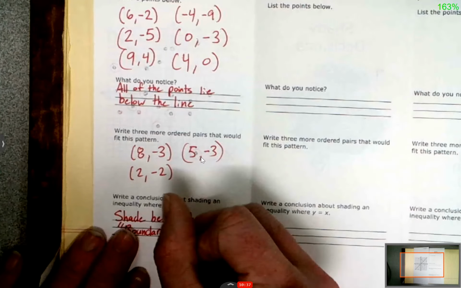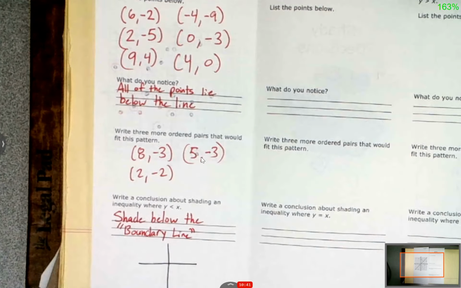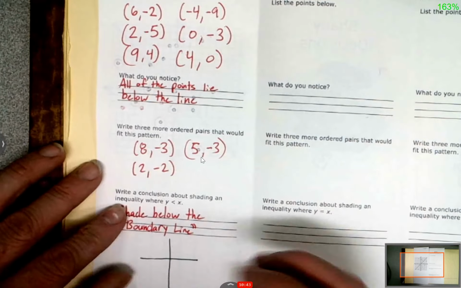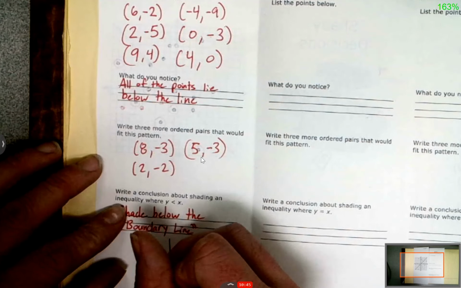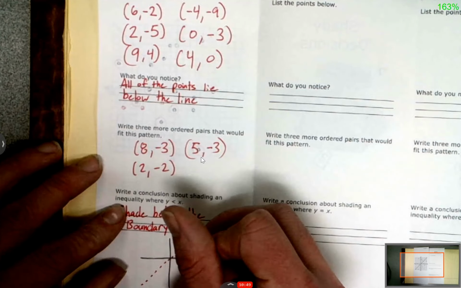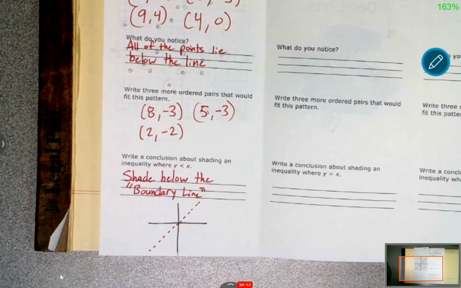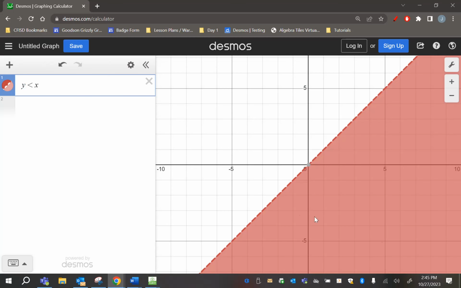And if I were to draw this, I'm going to use, just like they used in Desmos, a dashed line. So why am I using a dashed line?